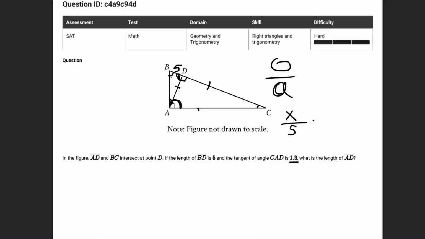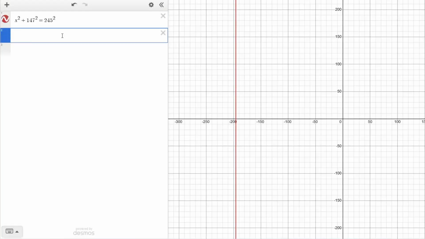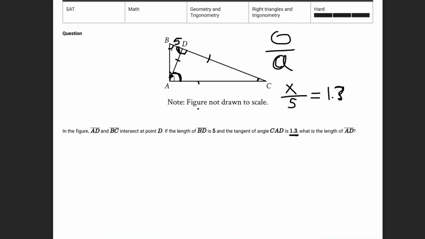And that's the same as 1.3, because these are similar triangles, and similar triangles have the same trigonometric ratio. So to find X, or to find AD, you do 5 times 1.3, and you get 6.5. So the length of AD is 6.5.